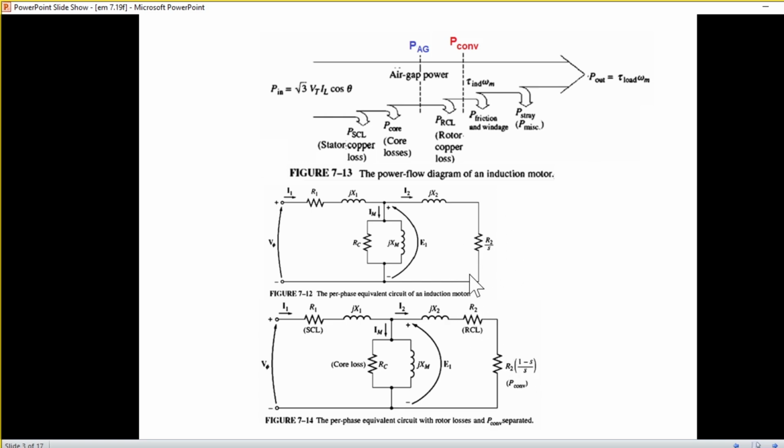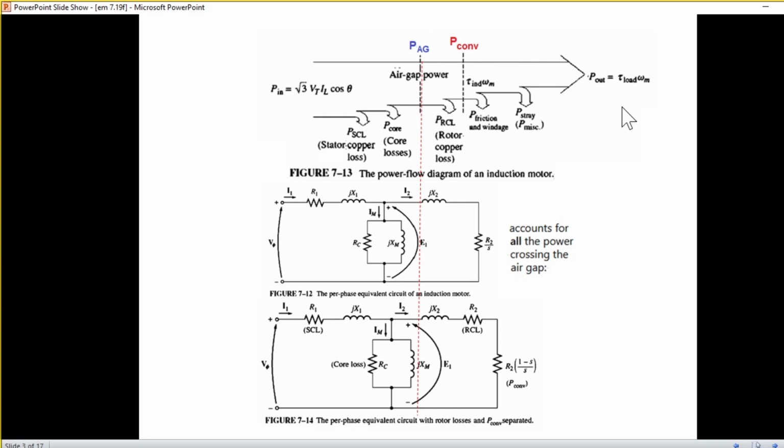Now let's compare this with the power diagram that we have studied in earlier videos. This is the air gap power, this is the power converted, and this is the output power. This part is the stator part, which is linked with the air gap power. Now this one accounts for all power crossing the air gap.